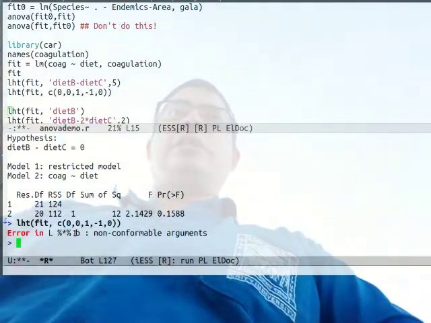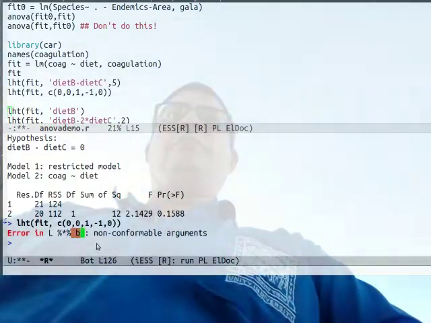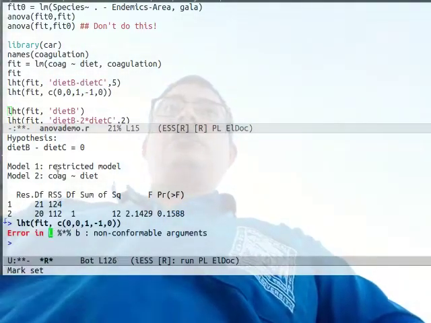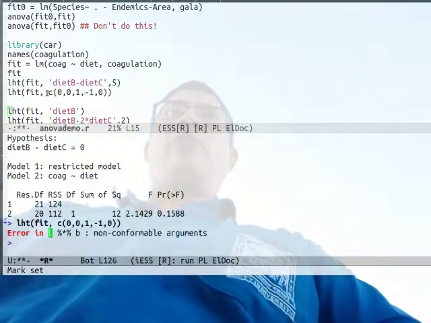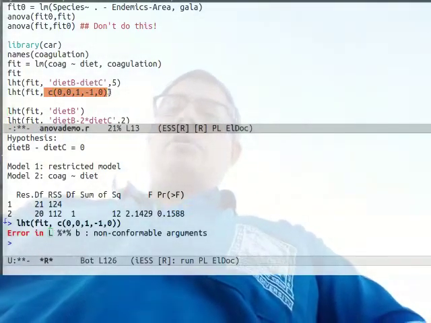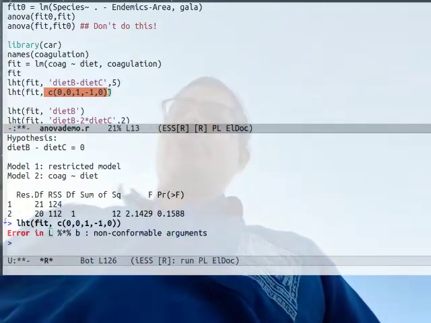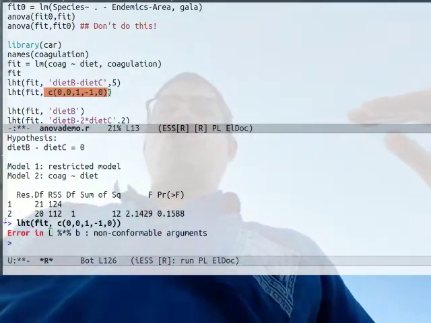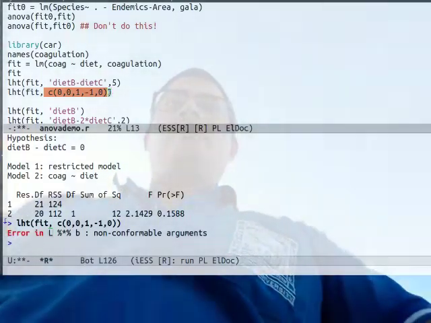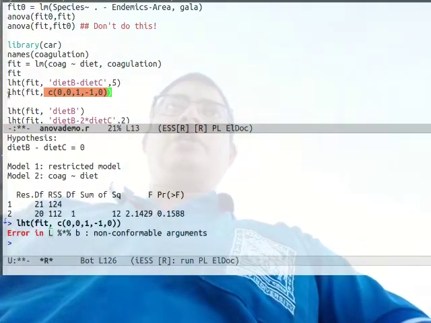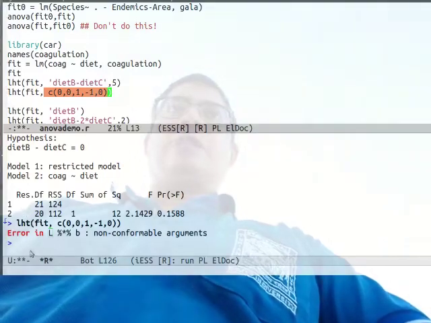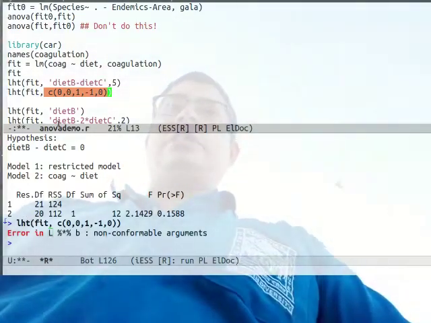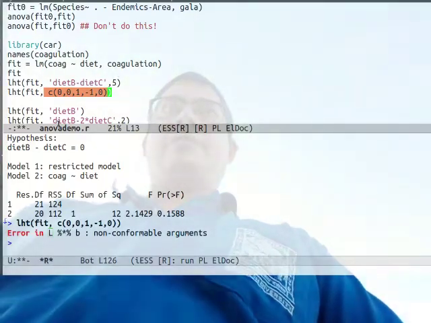So you understand that they are internally storing the coefficient in b and your restriction matrix in L. Incidentally, this could be a matrix. Here I am giving only a row vector because I have just one restriction to put. If you have multiple restrictions, put one restriction per row, and look up the help of this function and you will see how things behave. You can look up the help of lht and you will see exactly how you specify all this stuff.